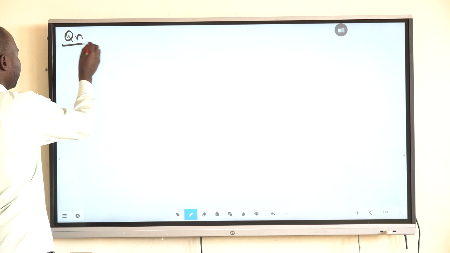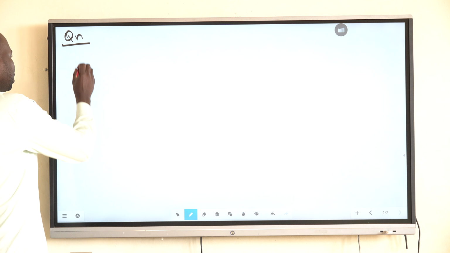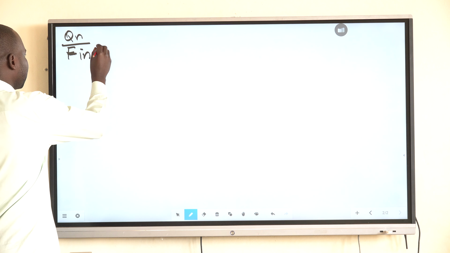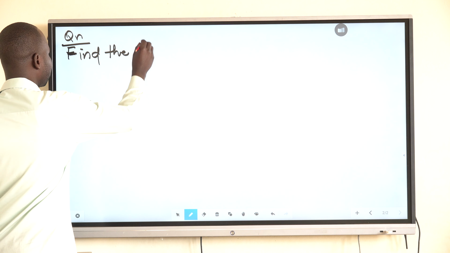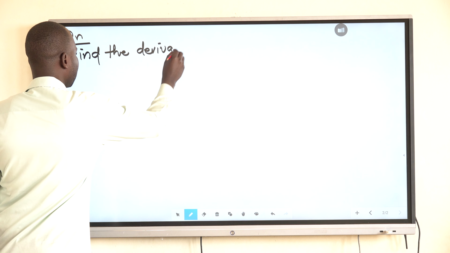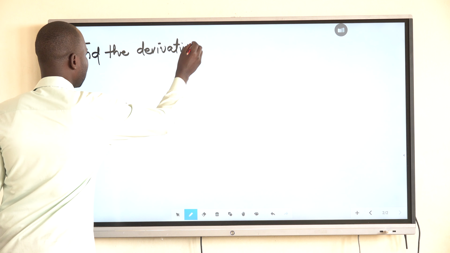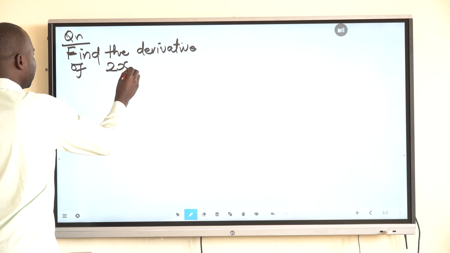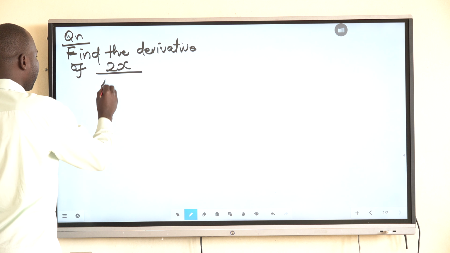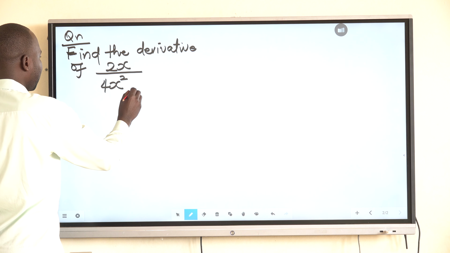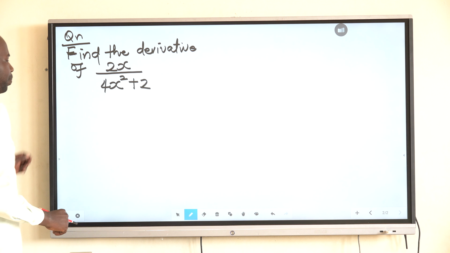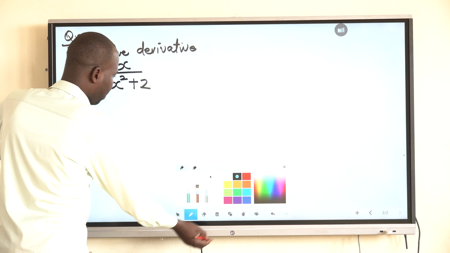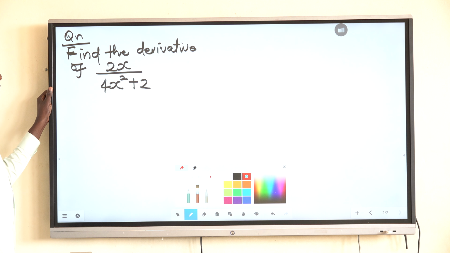You may be given a question: find the derivative of 2x divided by 4x squared plus 2. Now, in this kind of question, we are supposed to apply the quotient rule.